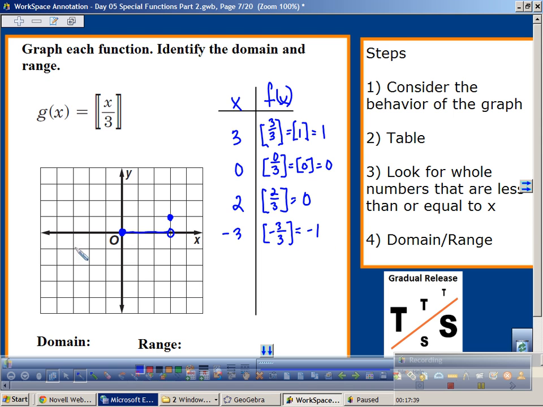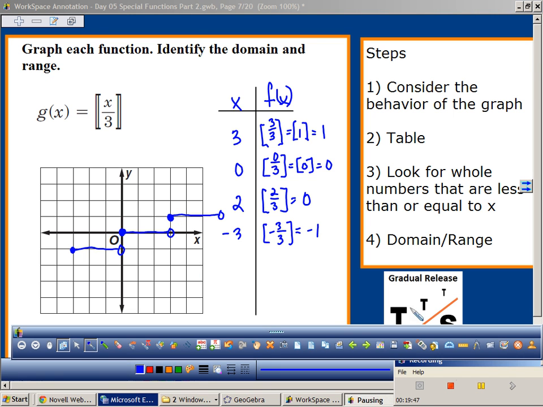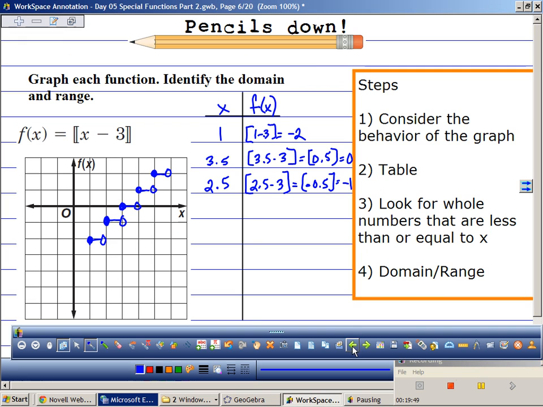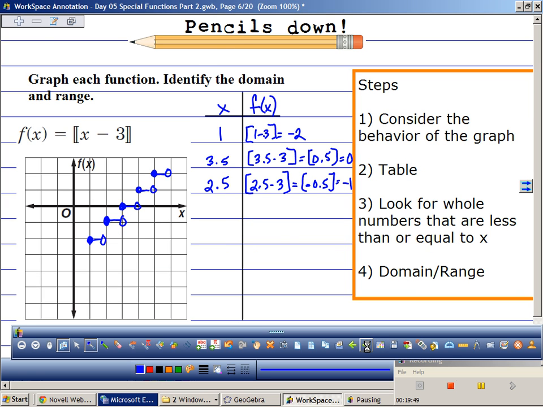So negative 3, negative 1. So how does my step function, what's going on with my step function? So if this one shifted to the right and this one shifted over to the left, what happened with this one?